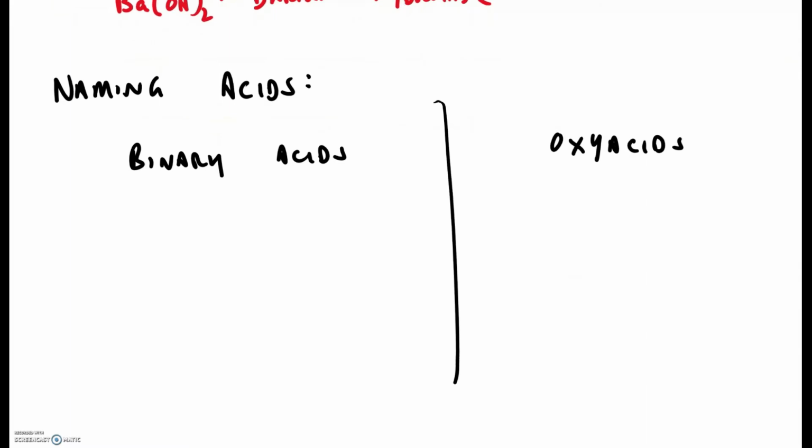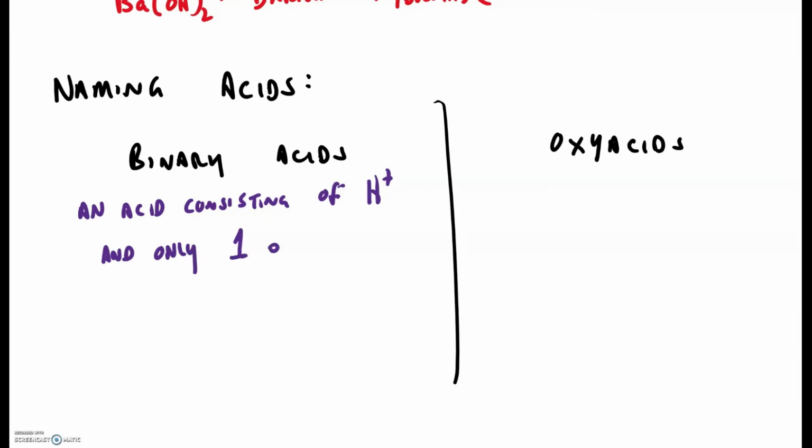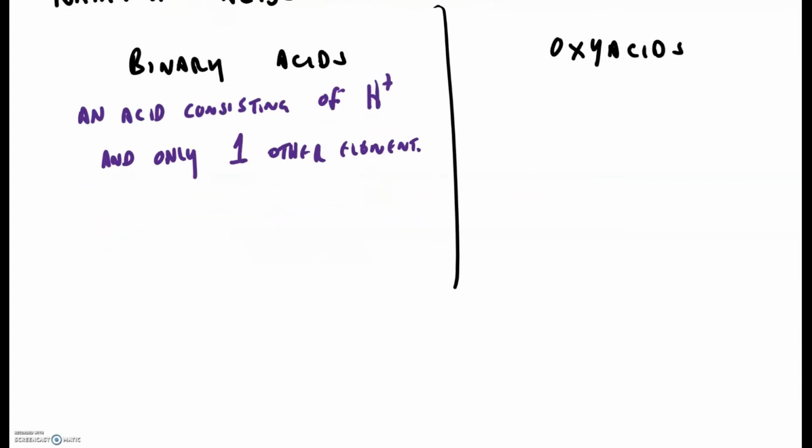Binary acids sound just like the name. It is an acid consisting of H plus and only one other element. So here's a couple of examples of binary acids. Remember, hydrogen and one other element. HF's a good example.